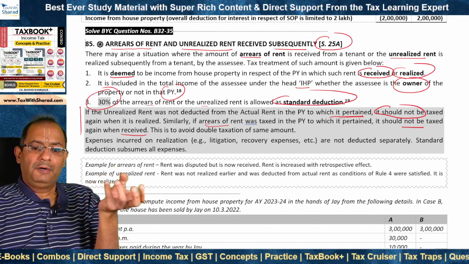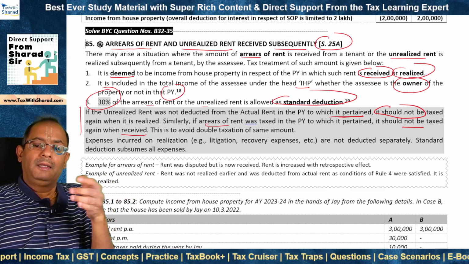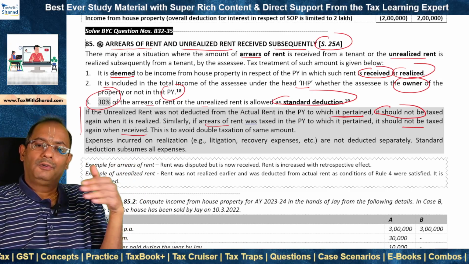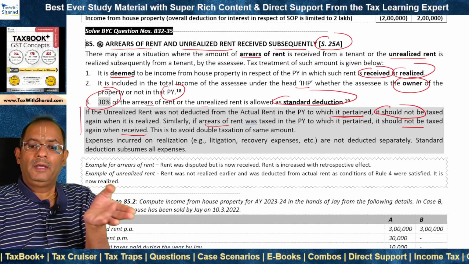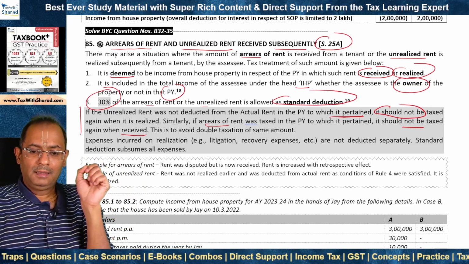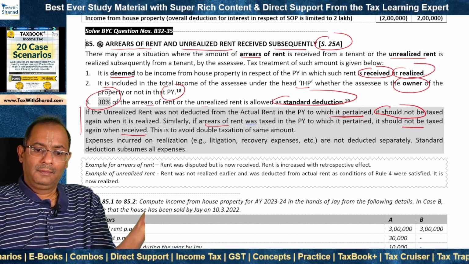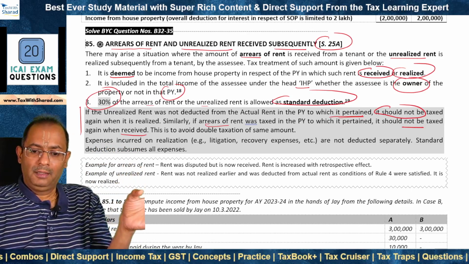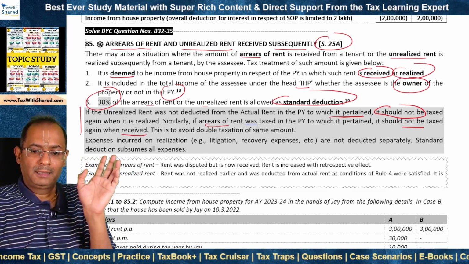So basically 25A will come into play where, for example, rent is increased with retrospective effect, so it was not taken into account in the year to which it pertains. And now when the arrears are received, 25A will apply and it will be taxed. Similarly, if unrealized rent was allowed as a deduction because Rule 4 conditions were fulfilled and now it is realized, then 25A will come into play and the amount will be taxed.